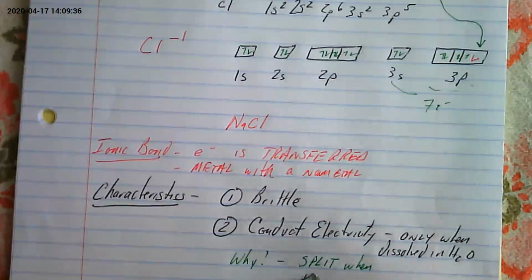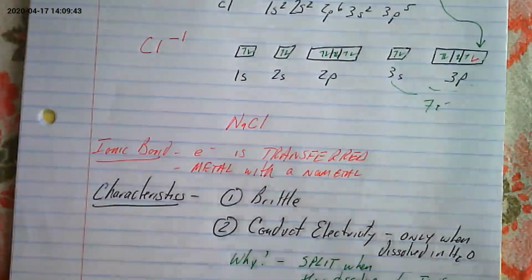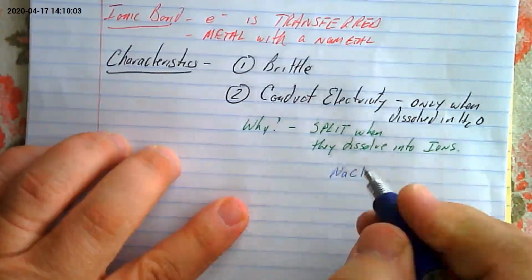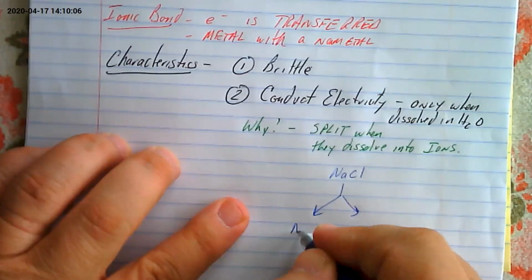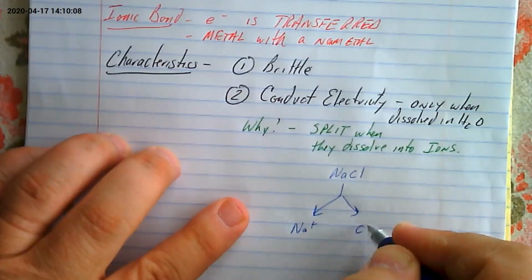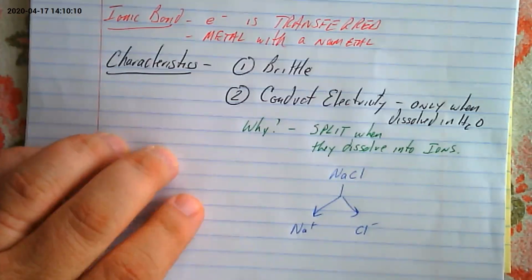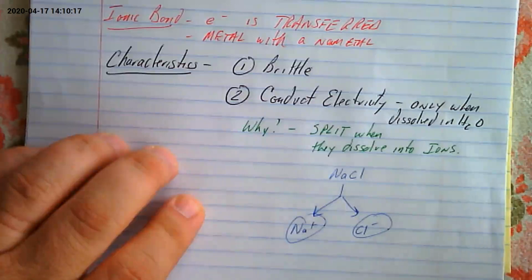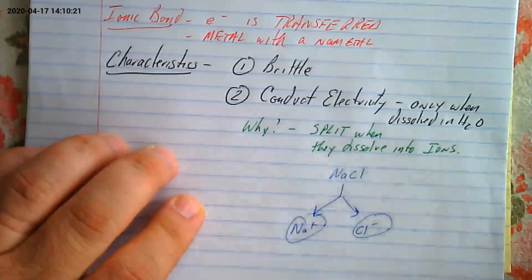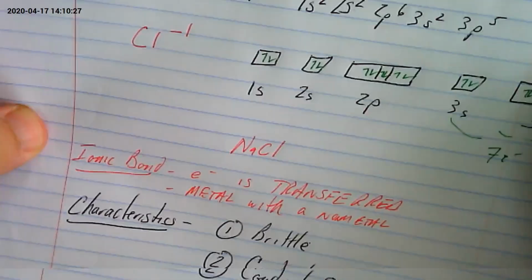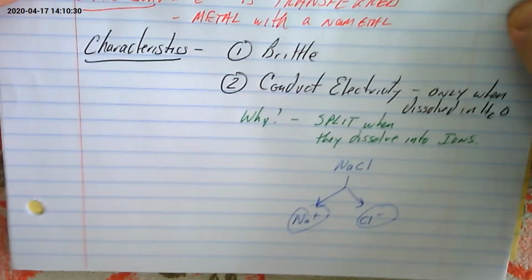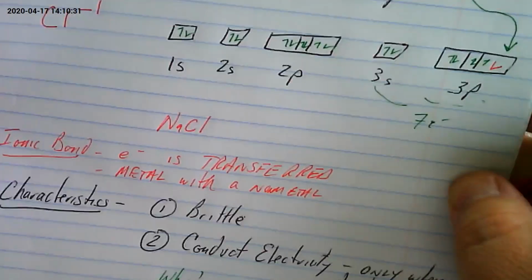For example, salt, as we talked about before, will split into 2 different ions when it's dissolved in water. And that will allow for electricity to be conducted through the water.